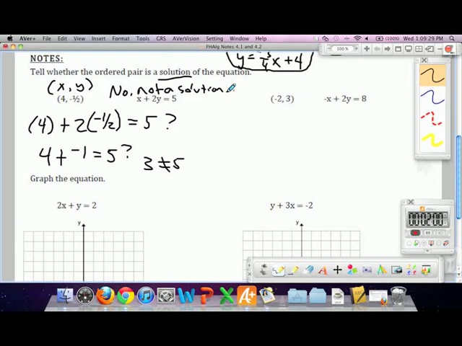How about the second one? Negative x plus 2y equals 8, and here's my x, y. So minus x, or minus of whatever I plug in for x, plus 2 times whatever I plug in for y, is equal to 8. And what do you plug in for x? Negative 2. And what do you plug in for y? 3.